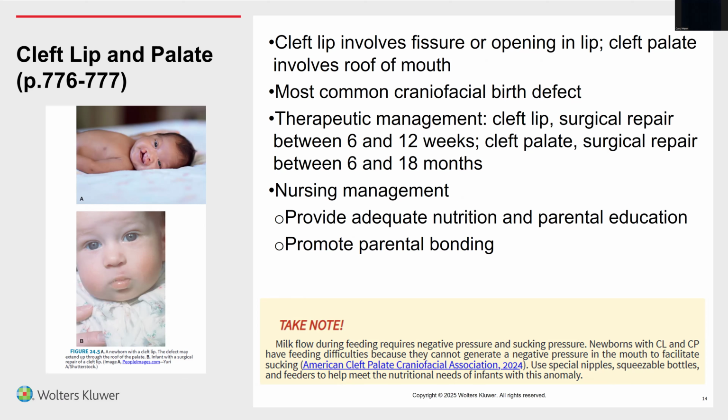So if they're getting breast milk, they may get a powder put in the breast milk to increase the calories and nutrients of the breast milk for the baby. If they're on formula, they're going to get a high-calorie formula. These little ones need to be fed in an upright position to prevent aspiration and to achieve adequate suction during the feeding.